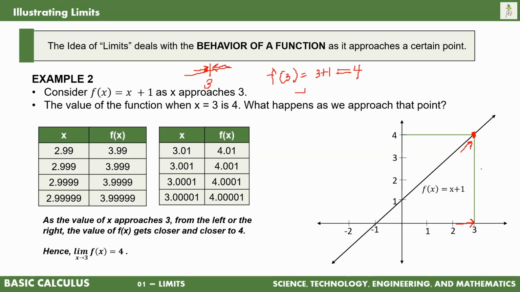Papalapit din siya sa 4. And then from the right side, going to the left side, papalapit din siya sa 4. Hence, from this notion, we can say that the limit of f of x as x approaches 3 is equal to positive 4.